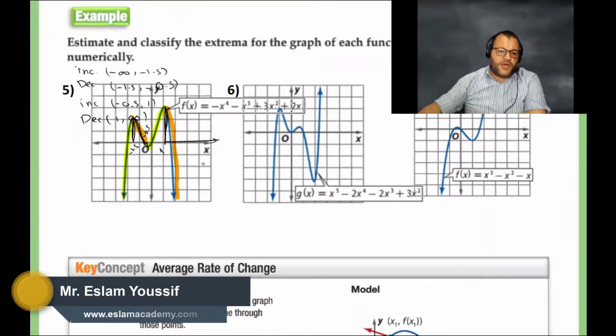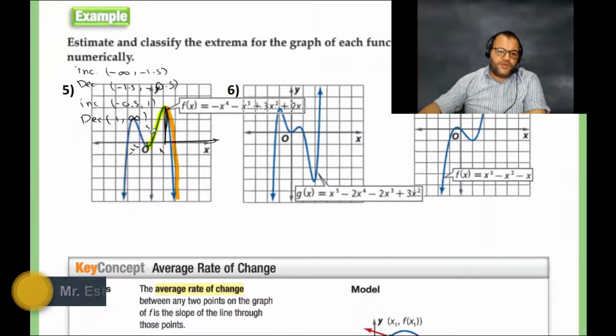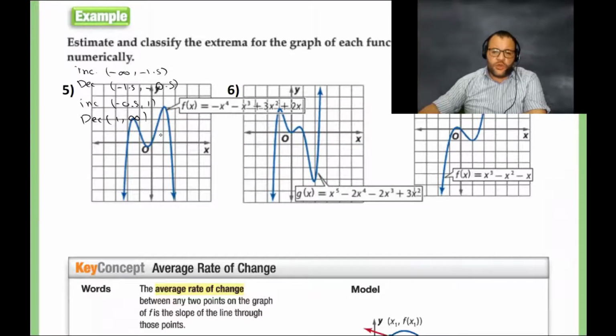Now we need to find the extrema. Do we also count relative maxima? Yes. Count all of the extrema that you find. It has one absolute maximum and one relative maximum. We have a relative maximum at x equals negative 1.5.